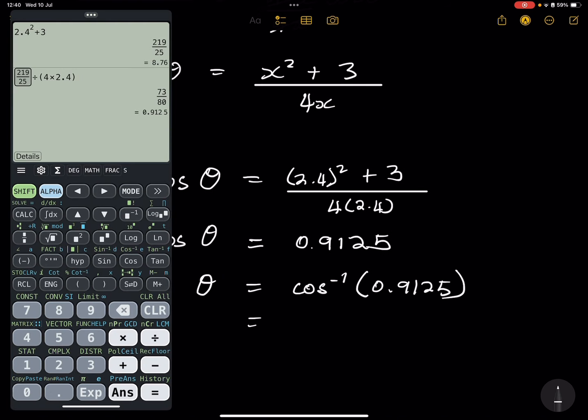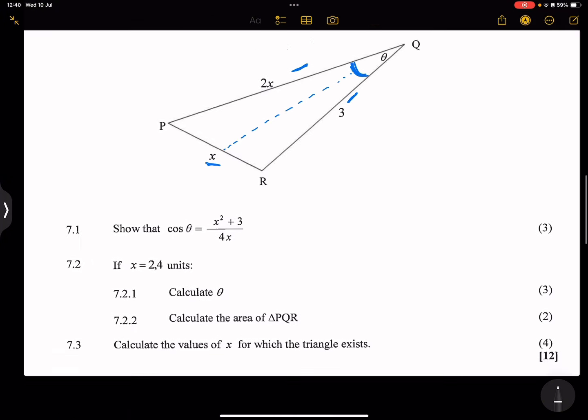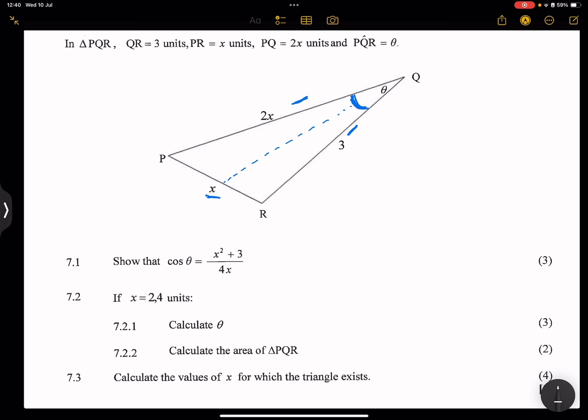Okay, and what do we get? Right, so I'm going to say shift the cosine of our answer. Okay, and I get 21.15. Right, and that's how I will get that angle there. So that's how we get the angle theta.